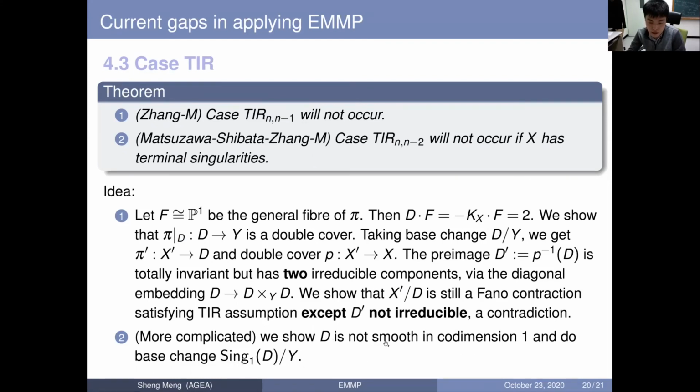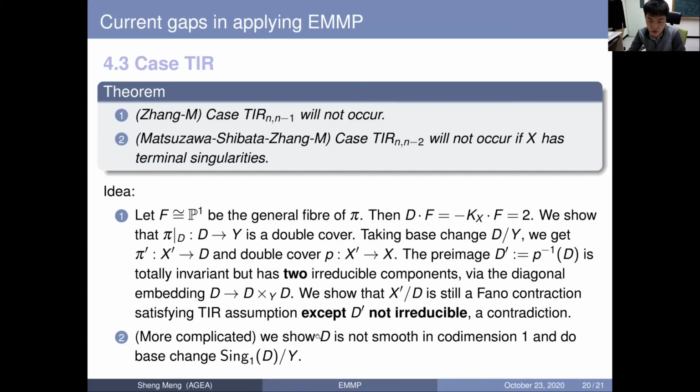Here D is not smooth in codimension 1, so we can consider its singular locus, and its divisorial part. We can show that this part is totally invariant, and we can show this is the cover of Y. And then by the base change, by a similar argument, we can show that we get some non-irreducible part, and we get a contradiction.